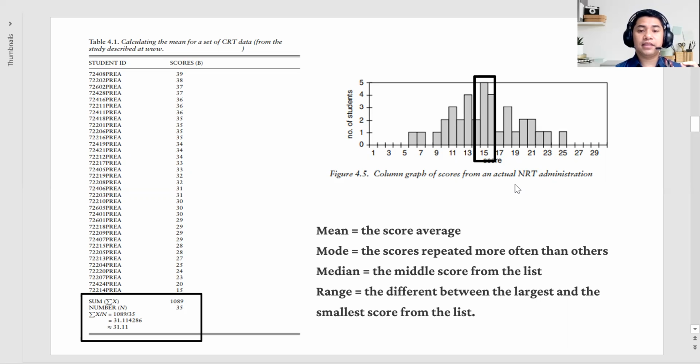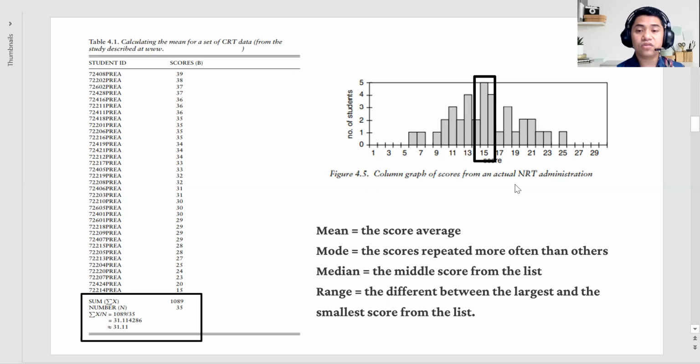And the last is the range, which is the difference between the largest and smallest scores from the list. The formula for calculating the range is the highest score minus the lowest score, plus 1. In table 4.1, the highest score is 39 minus the lowest score 15, so it will be 24, plus 1, so the result is 25.